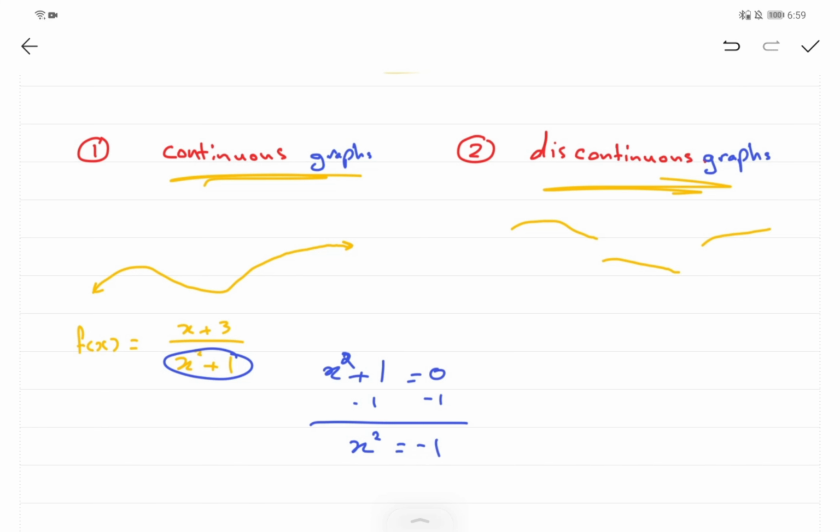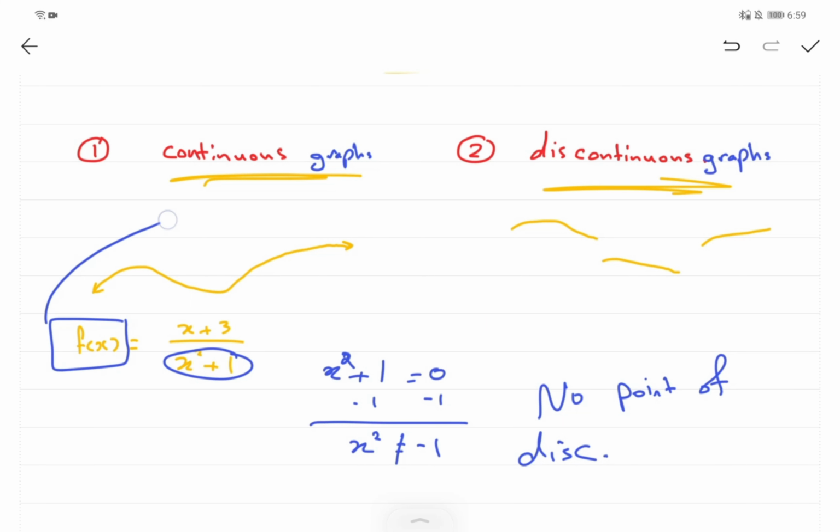Now there's no real number that, if you square it, the answer will be -1. So this one has no solution. That means there is no value of x that makes the denominator 0. So in this situation, there is no point of discontinuity, so the graph of this function f of x will be continuous.